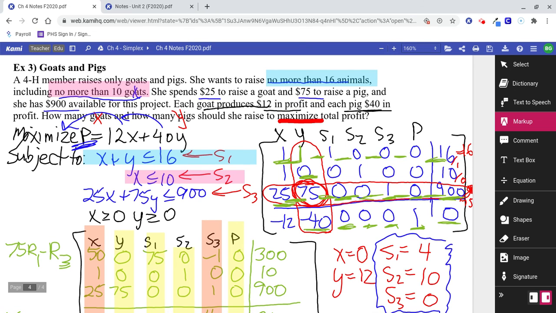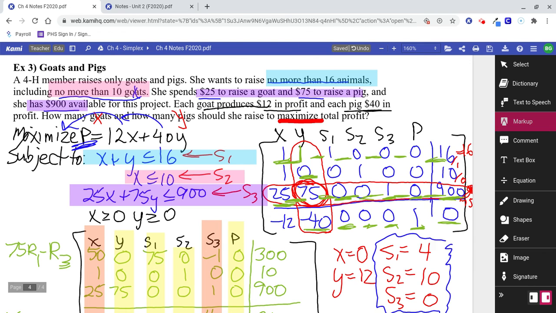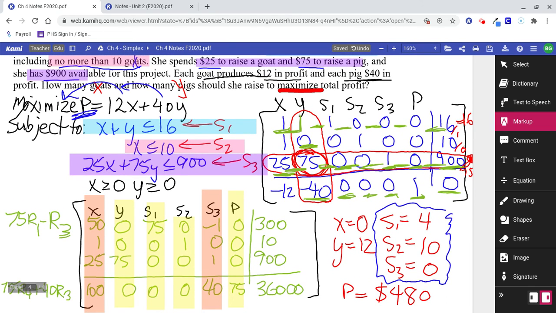Okay, S3 equals 0. We'll look at that inequality. This was the one that was talking about money. It was talking about spends 25 to raise a goat and 75 and has 900 available. So if there's 0 slack for that one, that means there was $0 left over. Okay, that means she spent exactly what she needed without having any money left over.